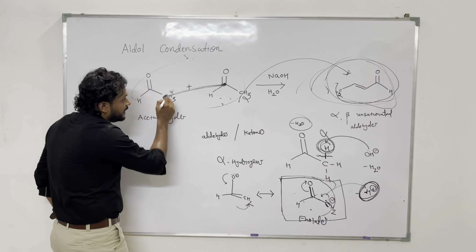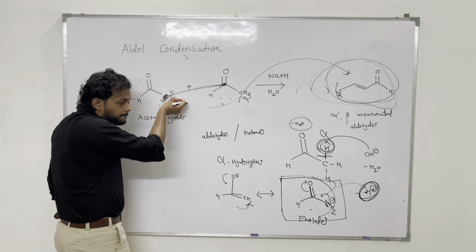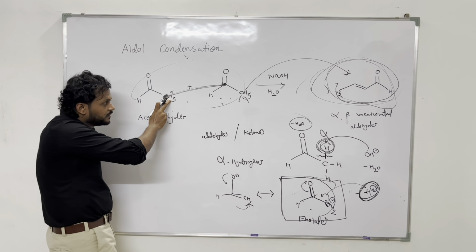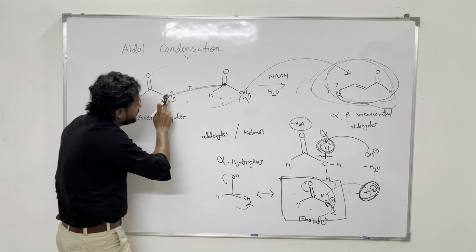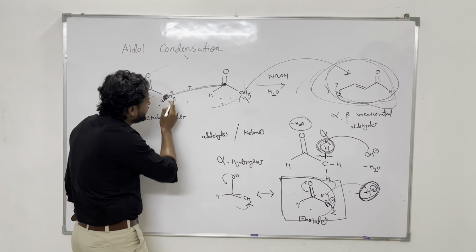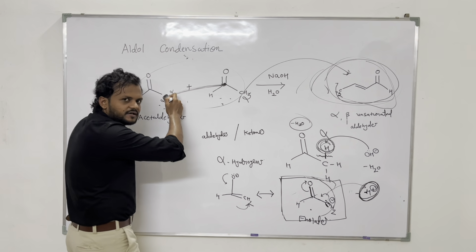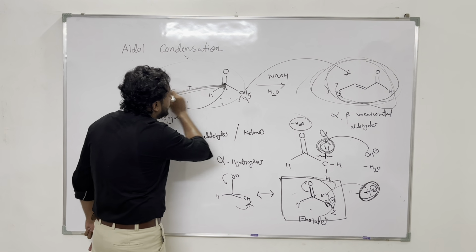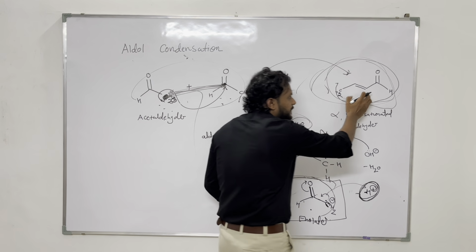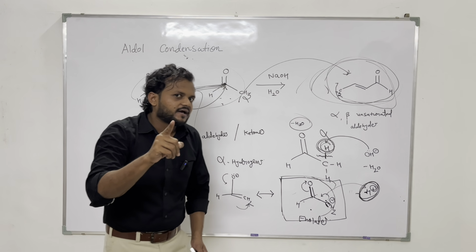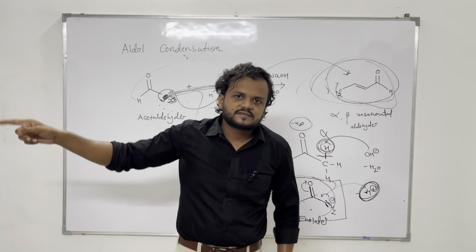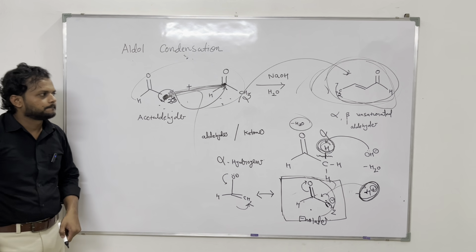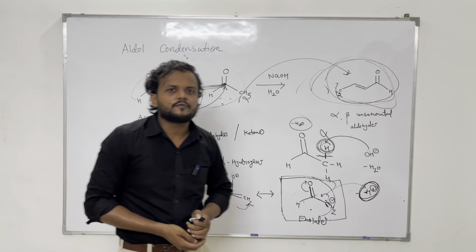For that we are going to abstract one alpha hydrogen via a base, and then there is a formation of a strong enolate ion, and further that strong enolate ion is going to attack to make the connection between them and to get the bigger molecule. If you don't have alpha hydrogen, then you will end up with the Cannizzaro reaction. So you can see how this is. Now we'll move to the mechanism of this reaction.